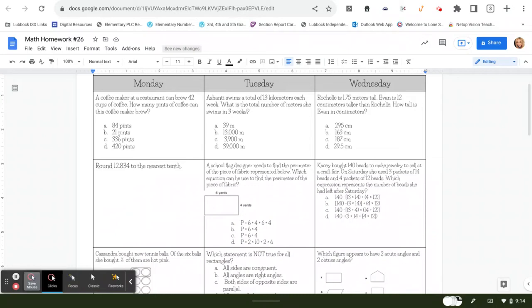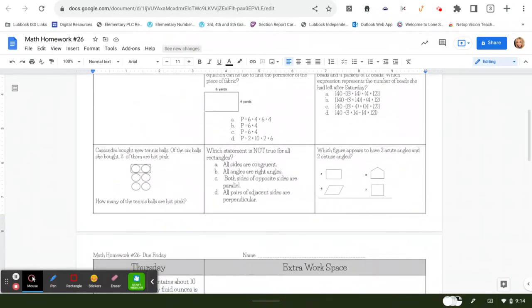Okay, next. Cassandra bought new tennis balls. Of the 6 balls she bought, 1/3 of them are hot pink. How many tennis balls are hot pink? Look at the model. They give you the answer.